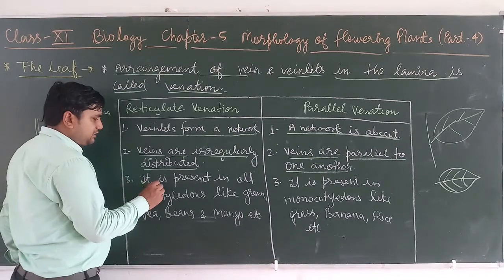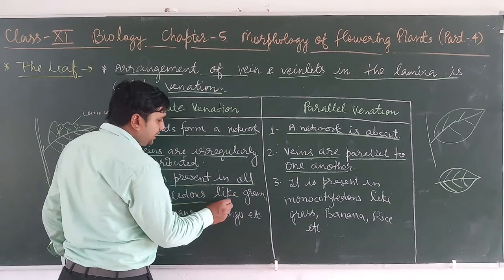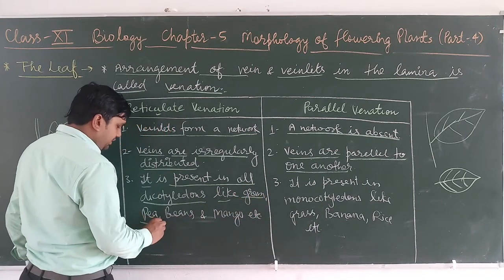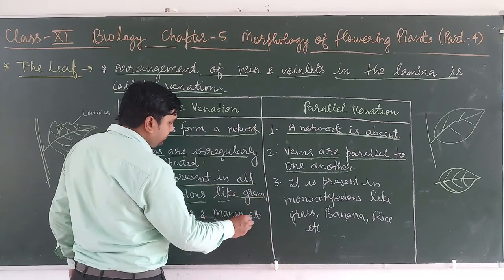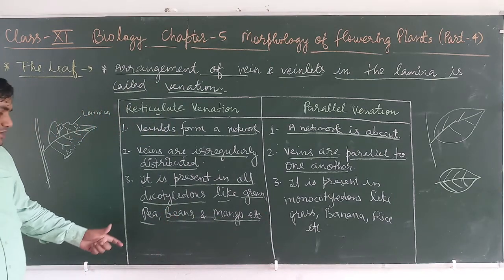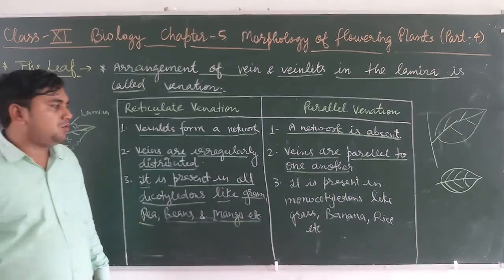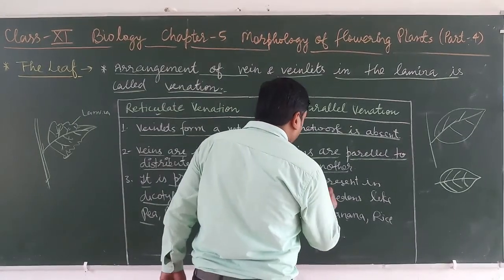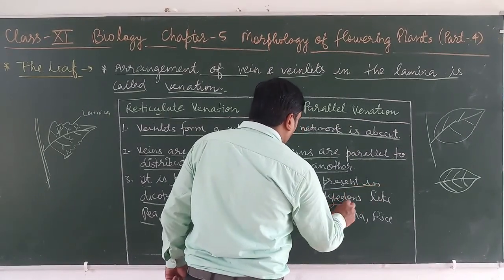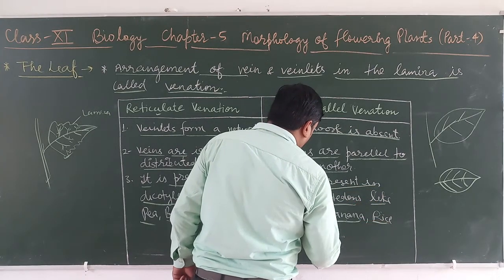Reticulate venation is present in all dicotyledons like gram, pea, beans and mango, etc., and parallel venation is present in monocotyledons like grasses, banana and rice.